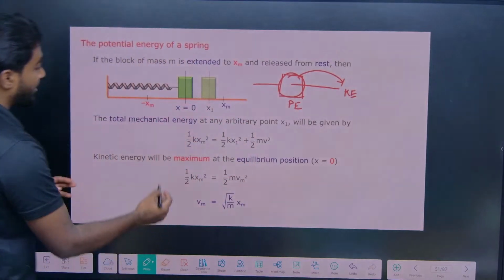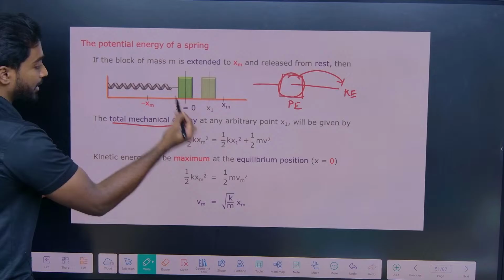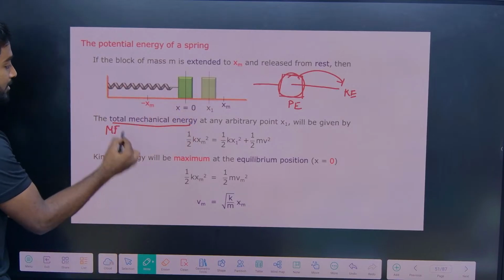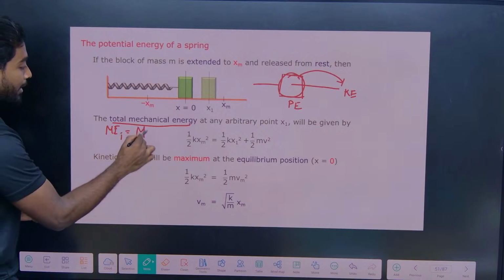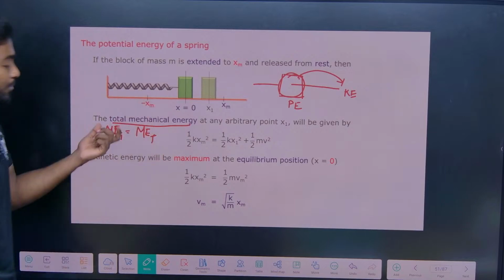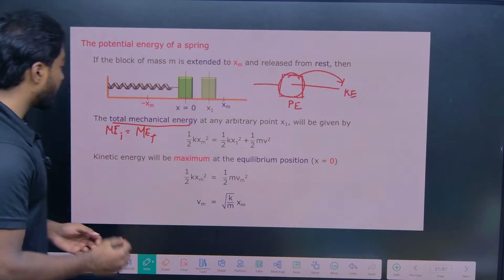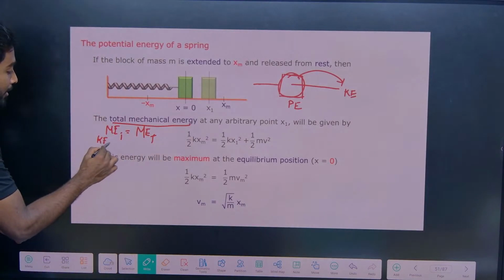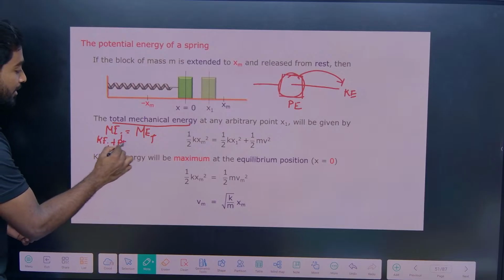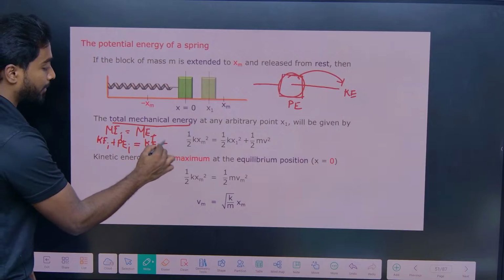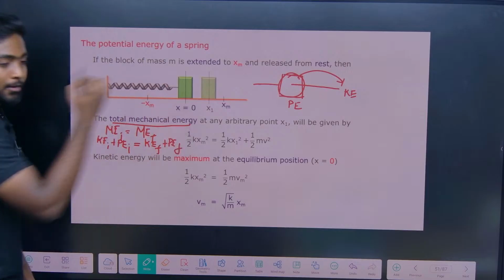So can I say like this? Mechanical energy initial will be equal to mechanical energy final. What is mechanical energy? It is the sum of potential plus kinetic. So kinetic energy initial plus potential energy initial will be equal to kinetic energy final plus potential energy final.